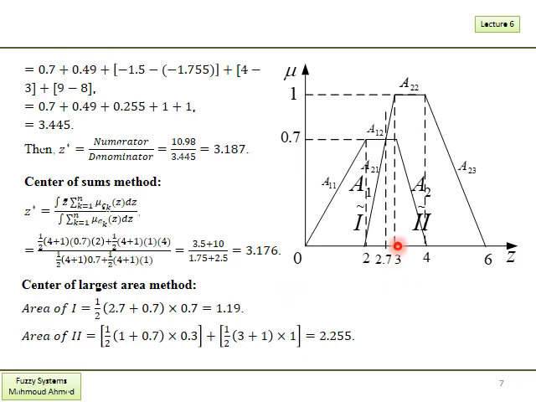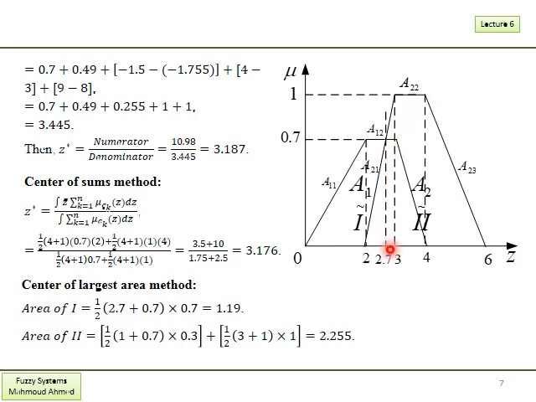The center of largest area method, we simply get the area of 1 and 2. Area 1 is limited at this dash line, which passes through the intersection point between the first membership function and the second membership function.